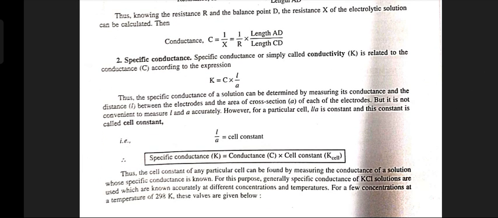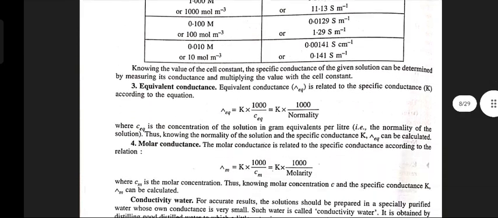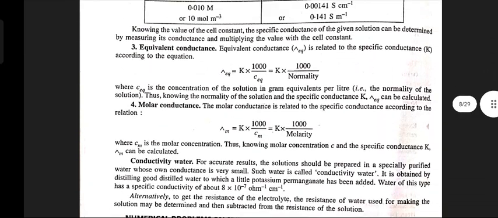The specific conductance or conductivity is related to conductance according to the expression K is equal to C multiplied by l upon A, where l upon A is equal to the cell constant. The equivalent conductance. Equivalent conductance, lambda equivalent, is related to specific conductance.